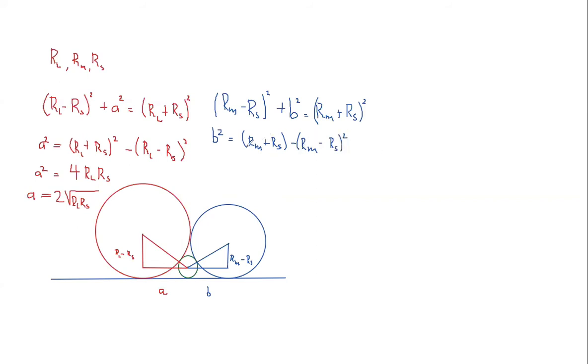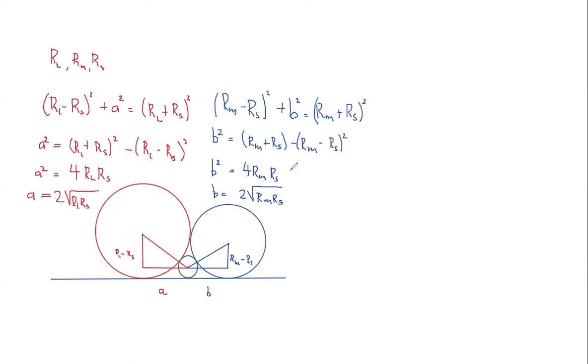Again, if we expand these brackets and simplify, we have B squared is equal to 4 RM RS, and that means that B, we find the square root of both sides, is 2 times the square root of RM RS.